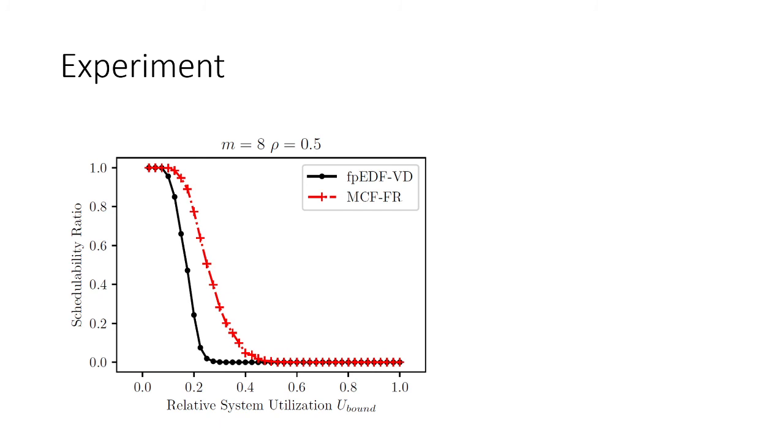In this figure, the horizontal axis indicates the U-bound, which is the total utilization of each identical processor in high mode. The vertical axis is the ratio of the number of task sets successfully scheduled by the algorithm versus the total 1000 randomly generated task sets.